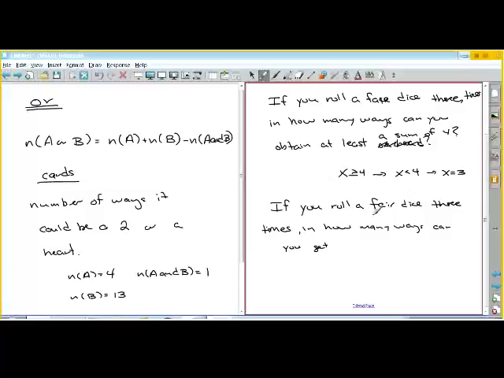So if you roll a fair dice 3 times, in how many ways can you get a sum less than 4? That would be the opposite statement. Or you could say, a sum of 3. Either one of those would be the opposite, and that would be what we would use in the complement principle.